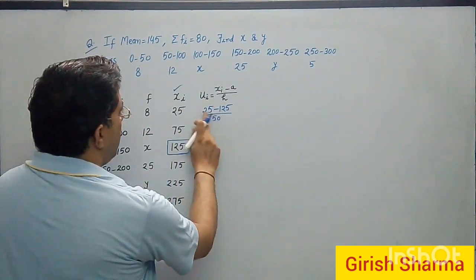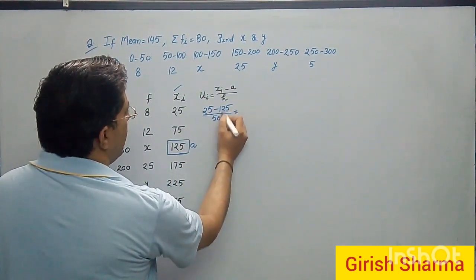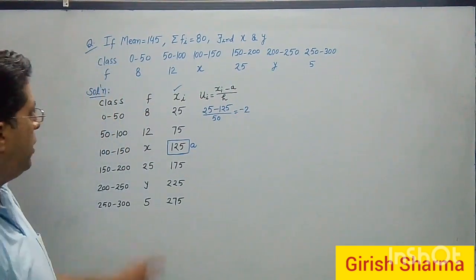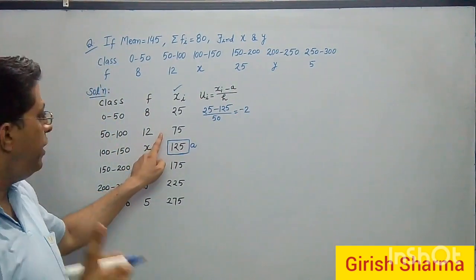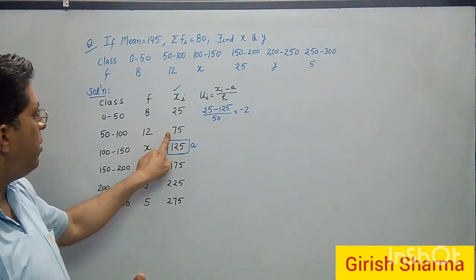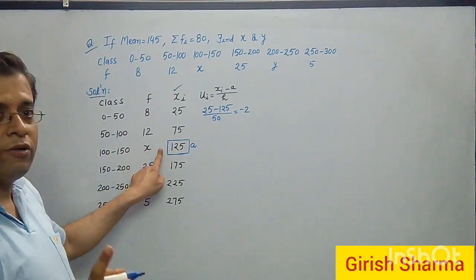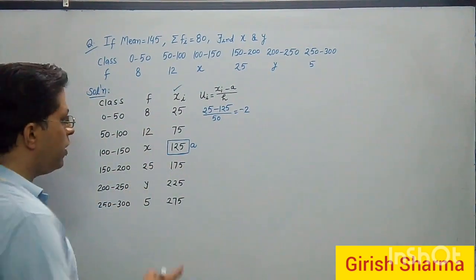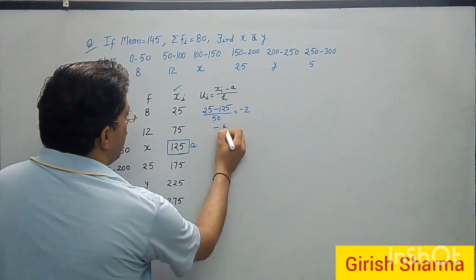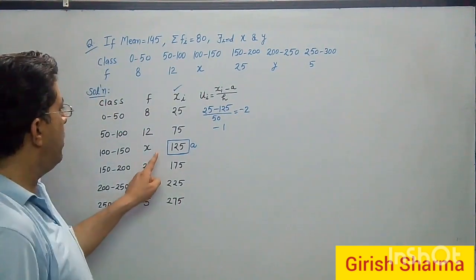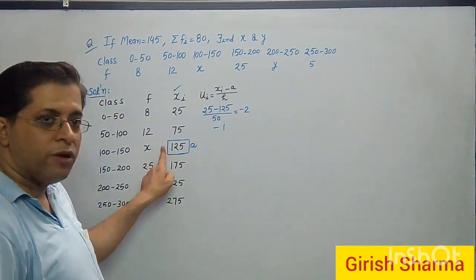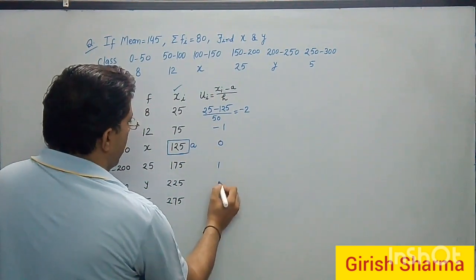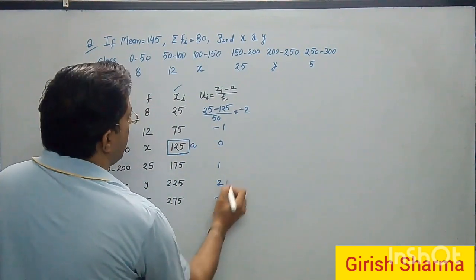Then this is minus 100 upon 50, this is minus 2. Then mentally, 75 minus 125 is minus 50 upon 50, this will be minus 1. 125 minus 125 upon 50, this will be 0. Then you can write directly 1, 2 and 3.